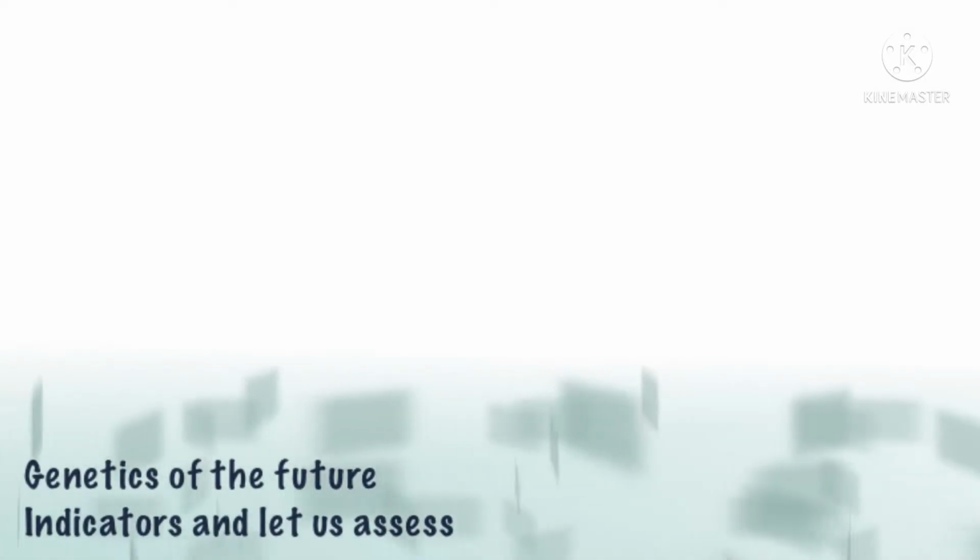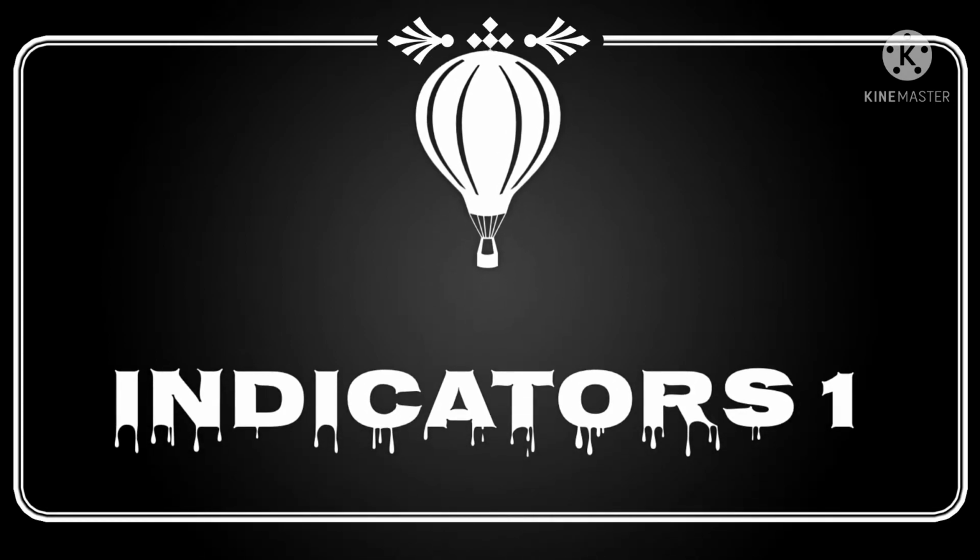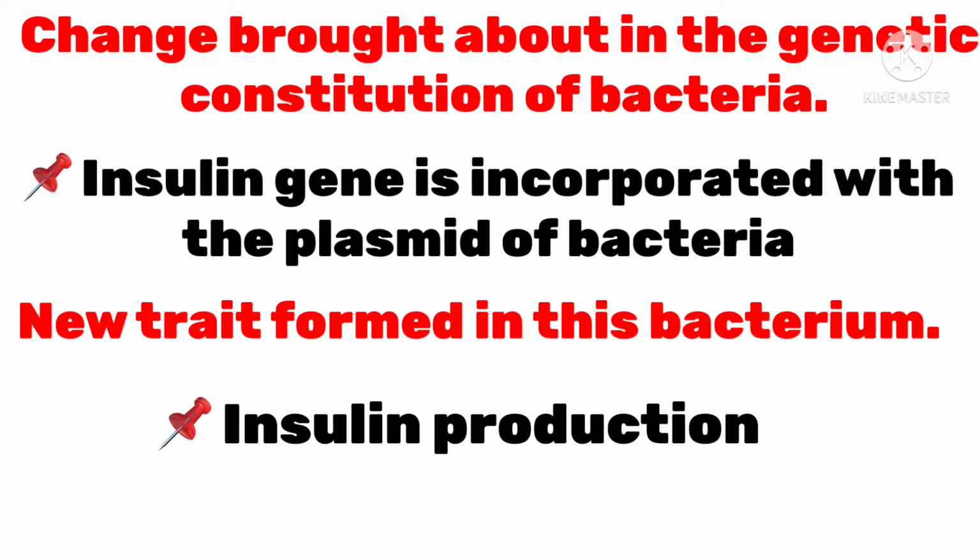Chapter 7: Genetics of the Future. Indicators 1. Change brought about in the genetic constitution of bacteria. The insulin gene is incorporated into the plasmid of bacteria. New trait found in this bacterium?